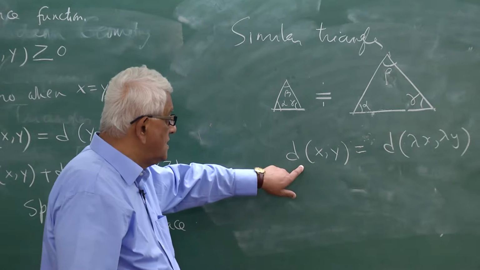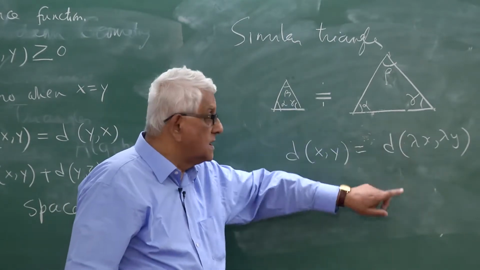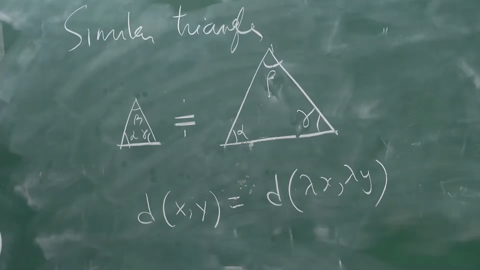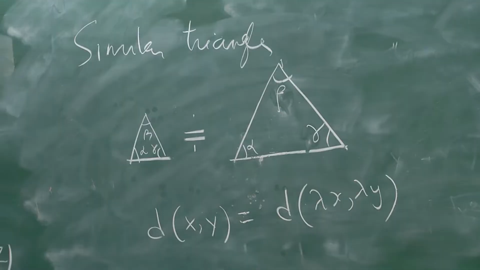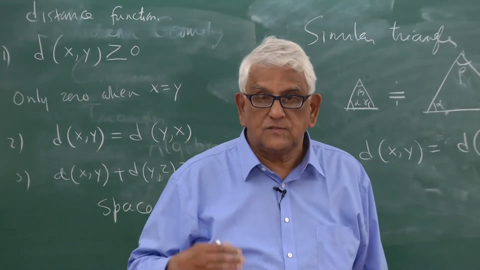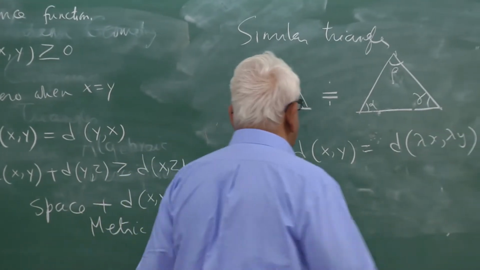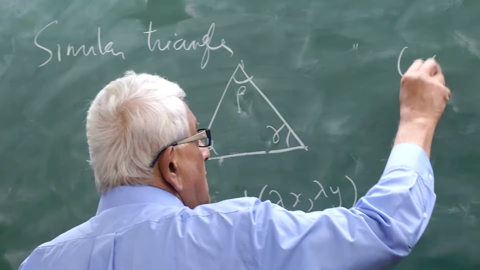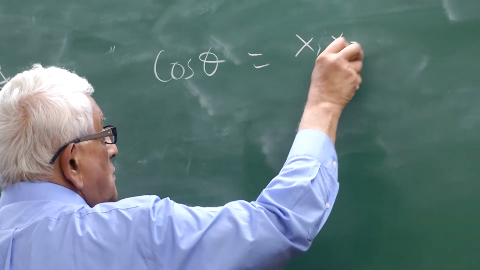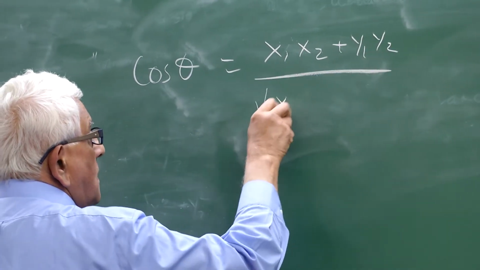So, what we have here is this distance is supposed to be the same as this distance if I scale them. So, this has an extra property. It satisfies these conditions, but then you impose the additional condition. Once you have imposed the additional condition, then you see the angles do not change. Remember that the cosine of theta was x1 x2 plus y1 y2 over square root.